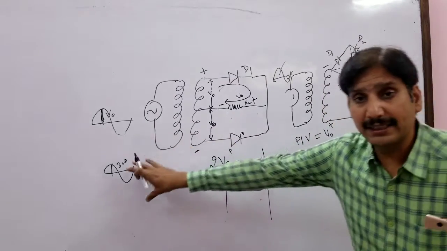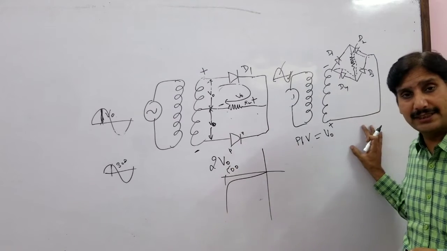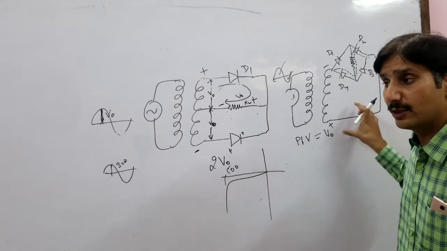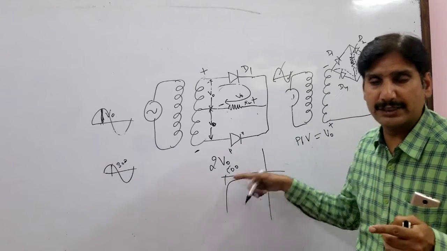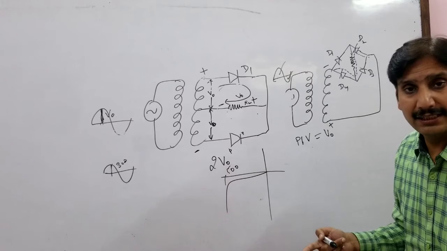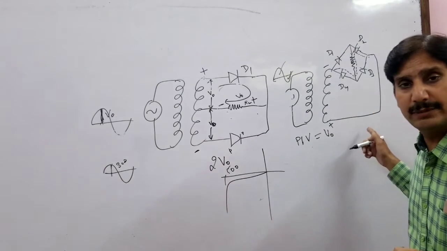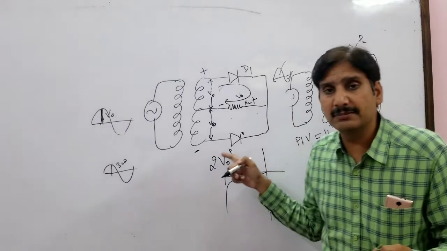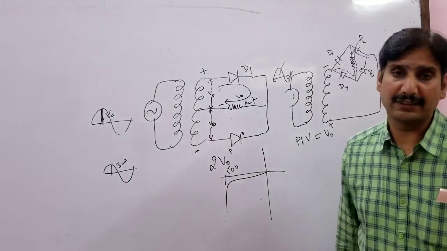But if that same signal is given and the same diodes are used in a bridge rectifier, what will happen? The diodes will have to withstand 300 volts, but they can withstand up to 500 volts, so it will be safe. Same diode, same signal, you can use them to rectify the signal using a bridge rectifier, but you cannot use them to rectify using the center tap type full wave rectifier.